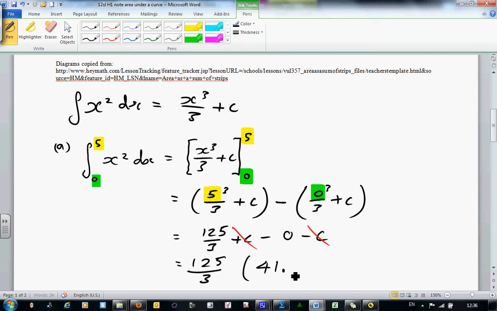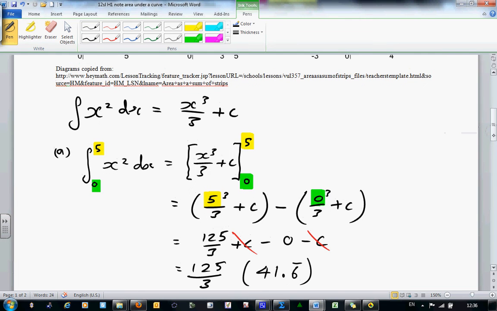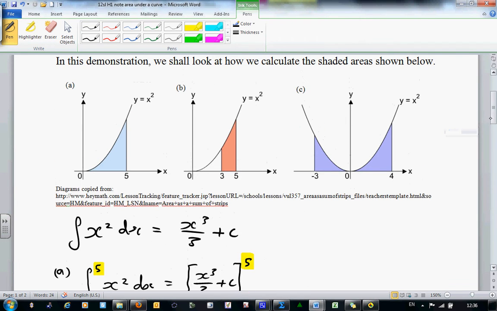So that's it. Part B is a strip. We're going to look at a strip between 3 and 5. Well, clearly, in order to get that strip, I need this light blue one that I've just calculated, and I'm going to subtract this bit right here.